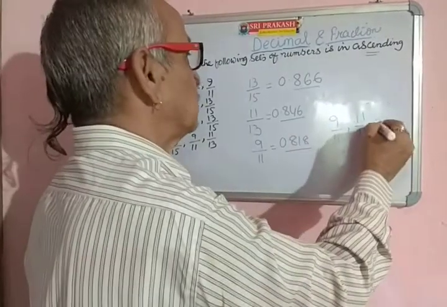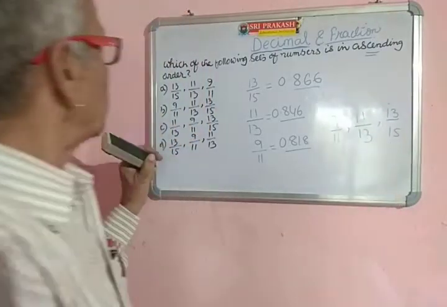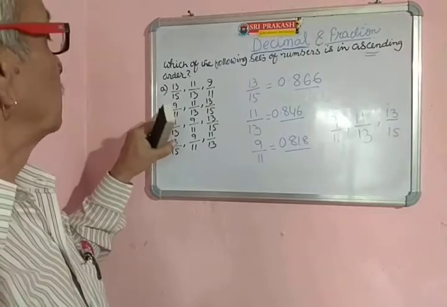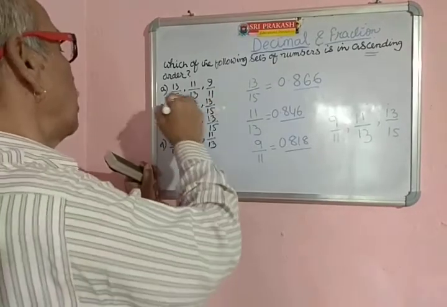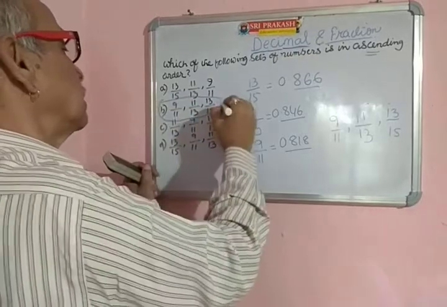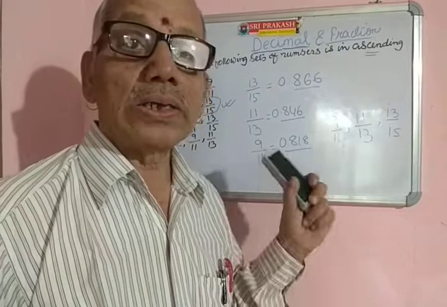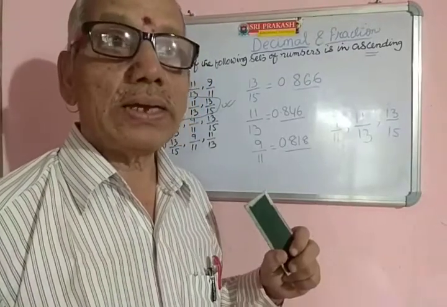Next, this one. So which option is there? B. So your B is the right answer. I think you understood how to solve this type of questions very easily.